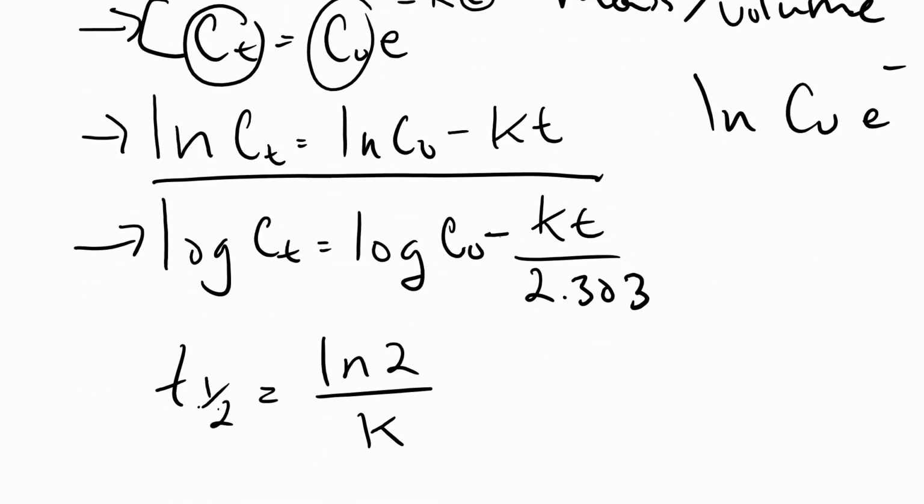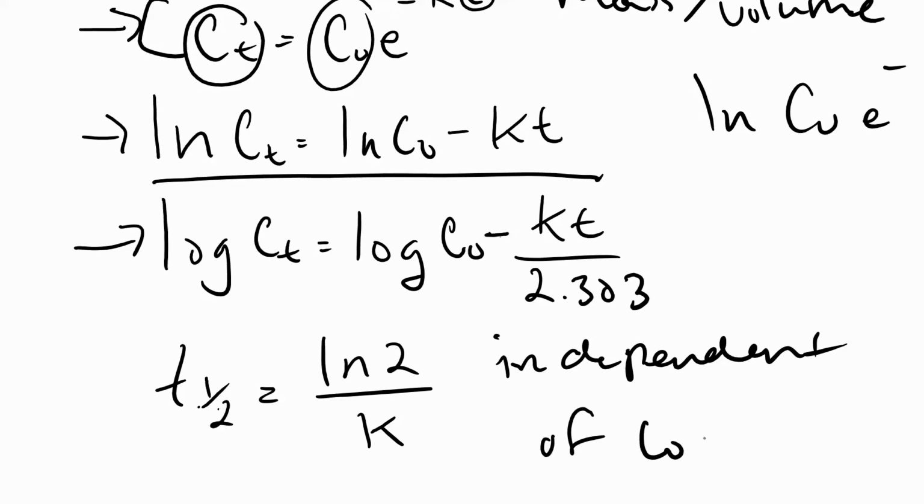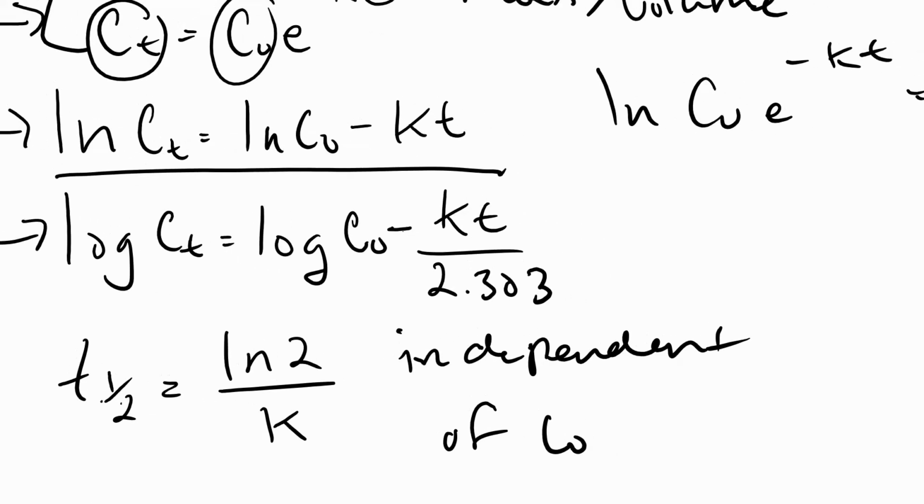And also, this is the half-life equation for first order. It's independent of concentration. So there won't be any concentration. What that means is that no matter what concentration you have to start with, the half-life for it will always be the same. Like say you want to go from 1/2 to 1/4 of the concentration, that's just one half-life.